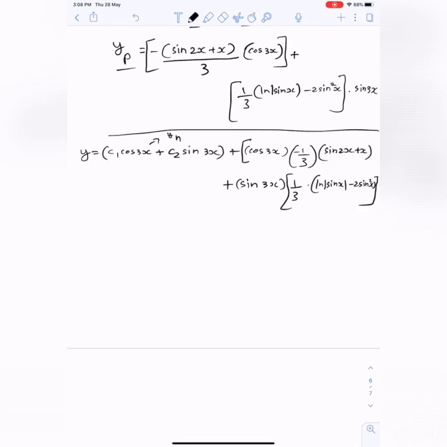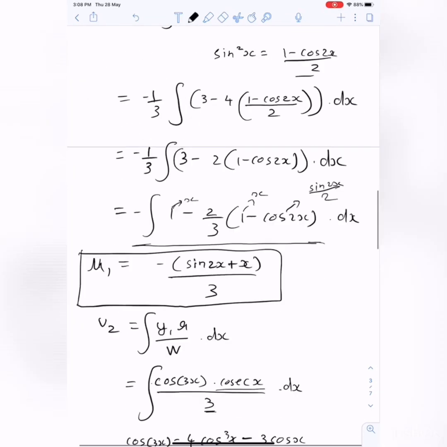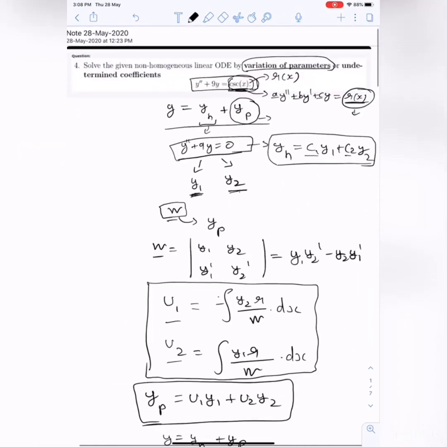So this right over here is equal to our y particular. So this would be our solution for our linear ODE.